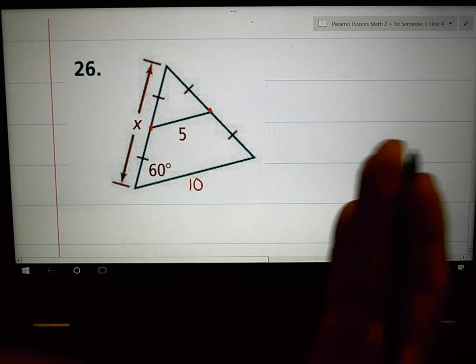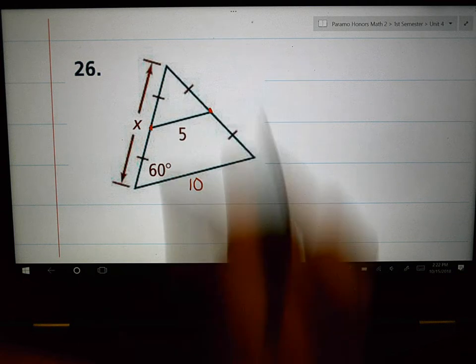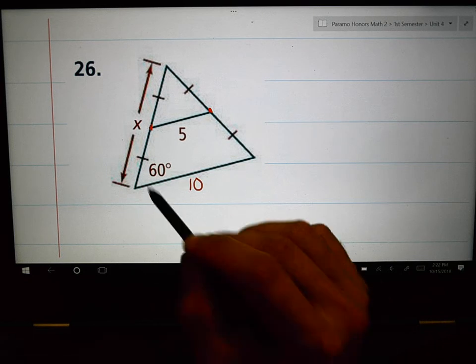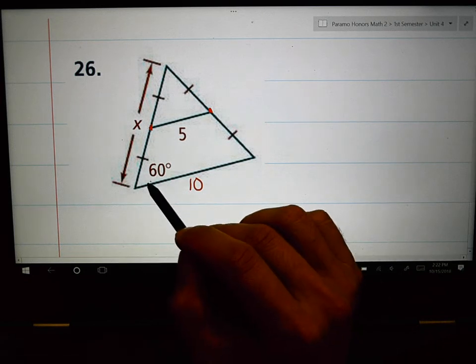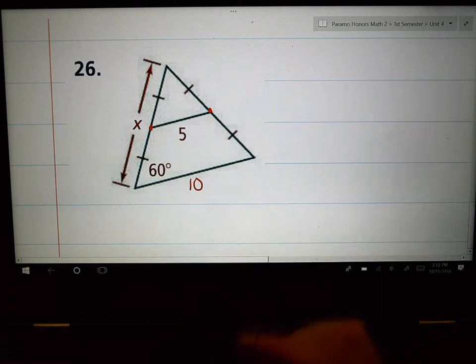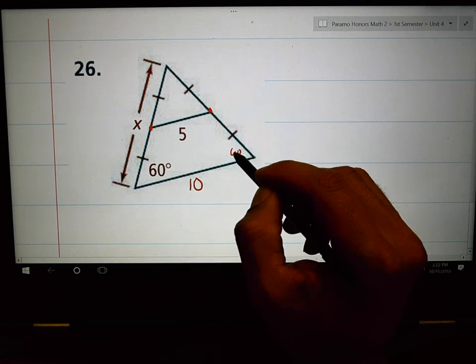But when I look over, I go, okay, how on earth am I going to figure out this left side? Then I realize something. Something jumps out at me, this 60-degree angle. You see it? Well, this is an isosceles. That's 60. That has to be 60.